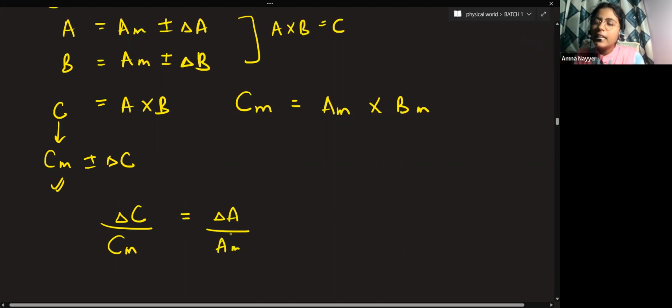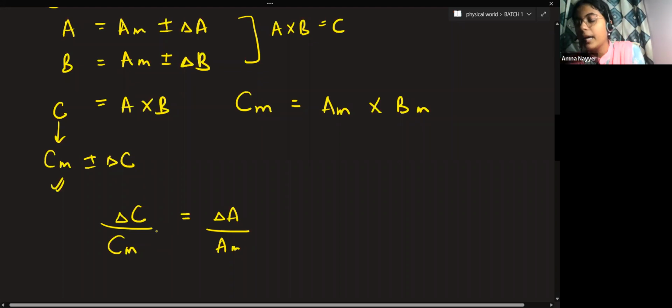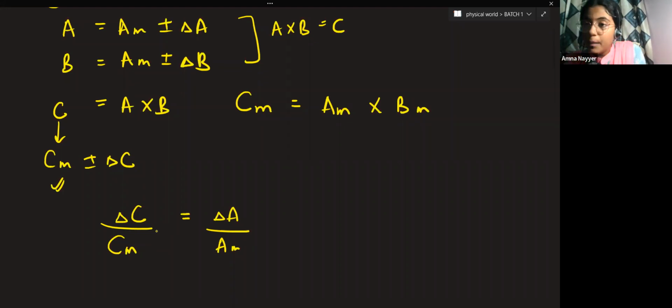What is delta C divided by CM? Fractional error. If you remember, this is how fractional error came, no? Mean absolute error divided by mean value. Firstly, be sure of what is meant by mean value, and what is denoted by absolute error. You have to be sure of that by yourself.